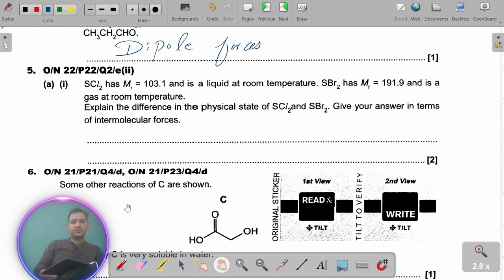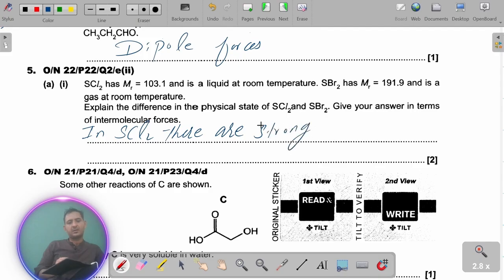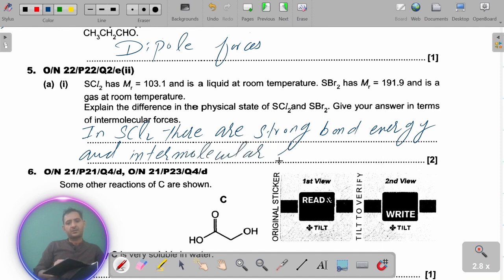So in SCl2 there are strong bond energy, and even you can say intermolecular forces. Intermolecular forces.